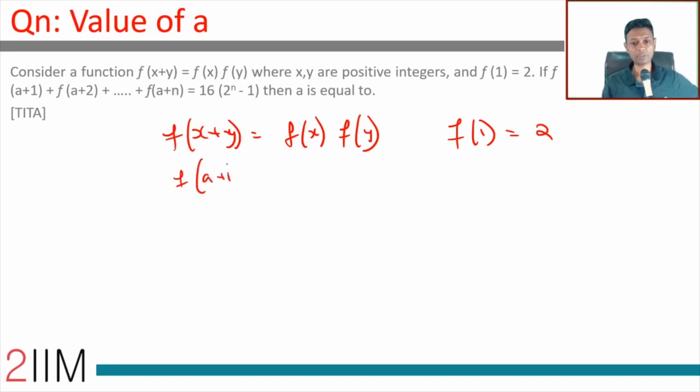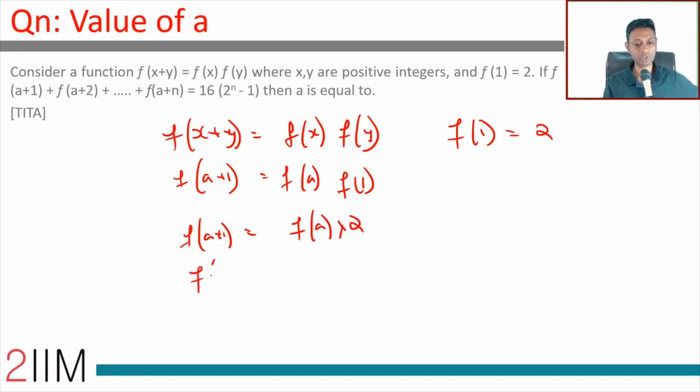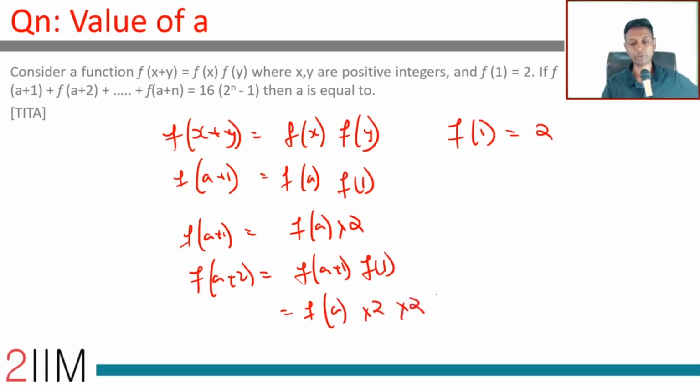F of a plus 1 equals f of a into f of 1. F of a plus 1 is f of a into 2. F of a plus 2 is f of a plus 1 into f of 1, which is f of a into 2 into 2. Oh, brilliant.